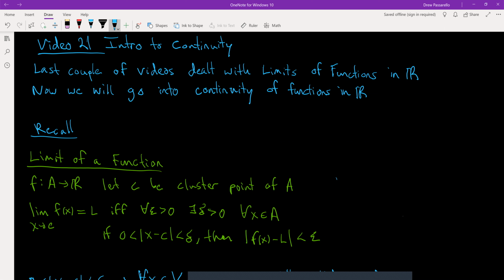But for continuity, the last couple of videos dealt with limits of functions in the real number line. So for continuity of functions, there's a certain relation with limits of functions.